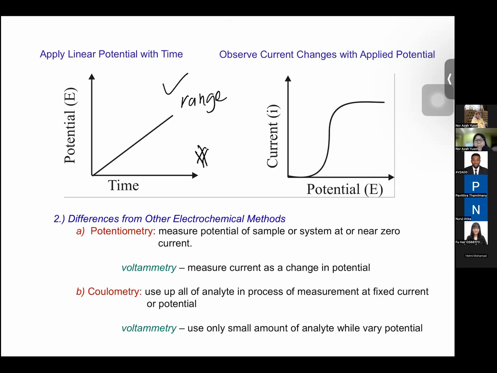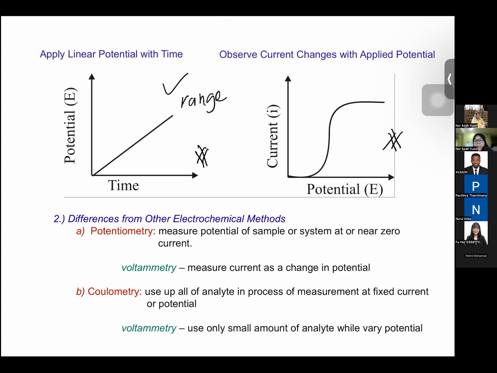We need to know the potential range to be supplied before the reaction can happen. Okay. Now, once the reaction happens, then we can start to observe the current generated, because the reaction here will have electrons going from cathode to anode.